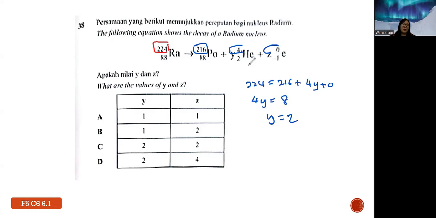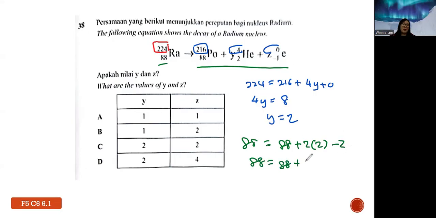Then you do the same thing for the bottom part. That means this 88 should equal the bottom here. So 88 equals 88 plus 2y. Y you have 2, and then z times negative 1, so minus z. So 88 equals 88 plus 4 minus z, so 88 equals 92 minus z.